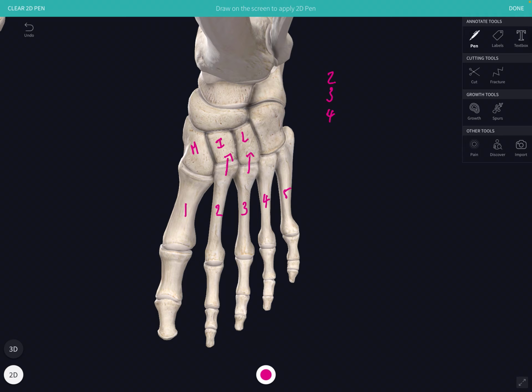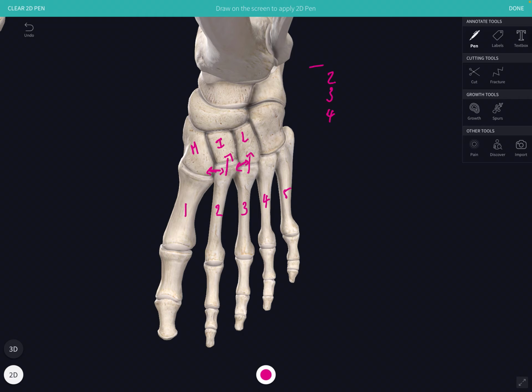The second metatarsal is the longest and articulates at its base with the intermediate cuneiform bone and at the sides with the lateral and medial cuneiform bones. Okay, so it also articulates at its sides with the lateral and the medial cuneiform bones.